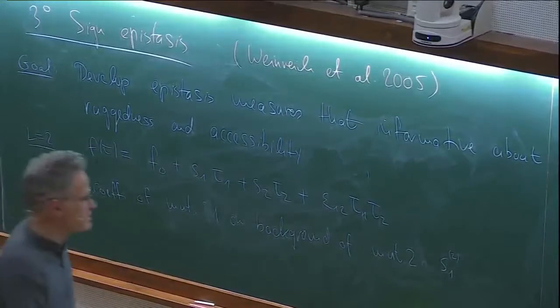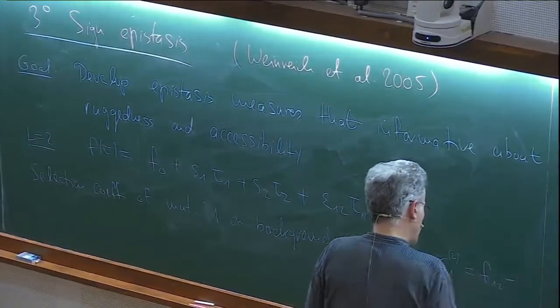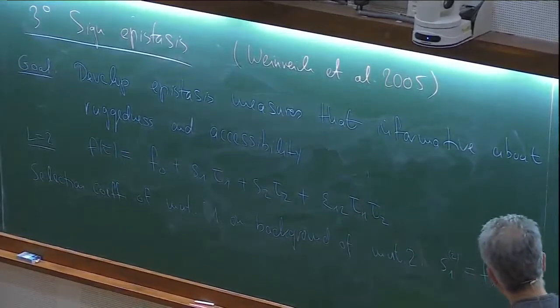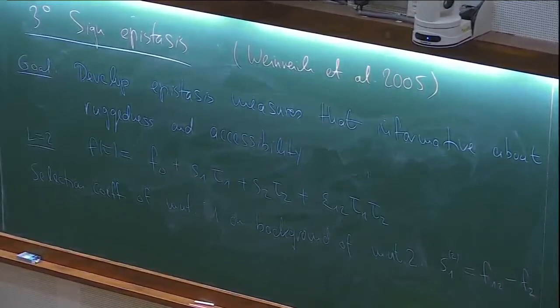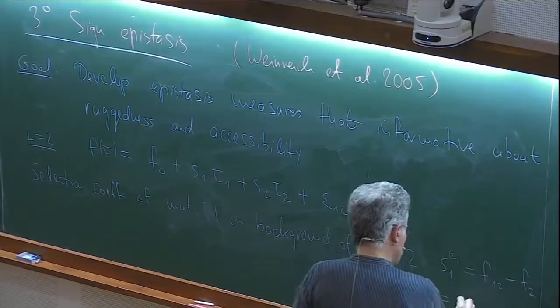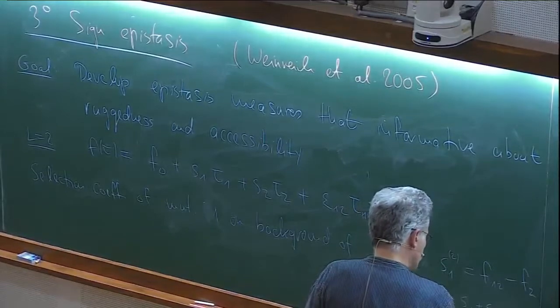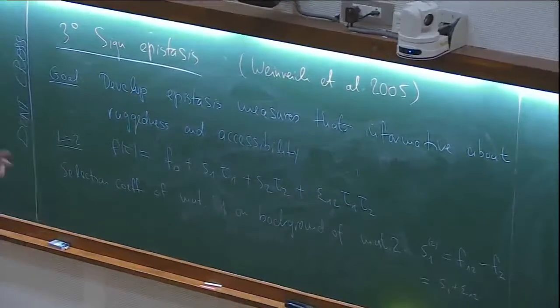So what is it? Well, it is obviously the fitness of the double mutant minus the fitness of the mutant which only has the second mutation. And if you use this formula, what you see is that this is equal to S1 plus epsilon 1, 2. So it's modified by this epistasis epsilon 1, 2.